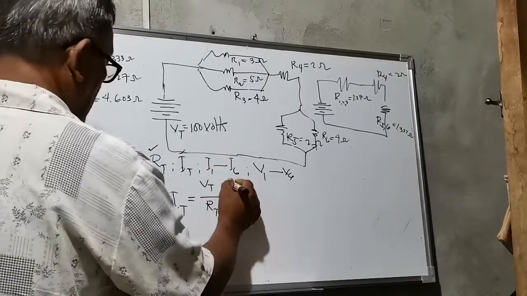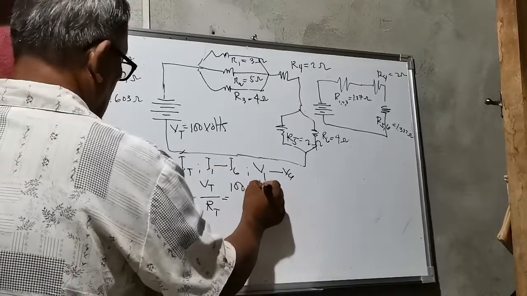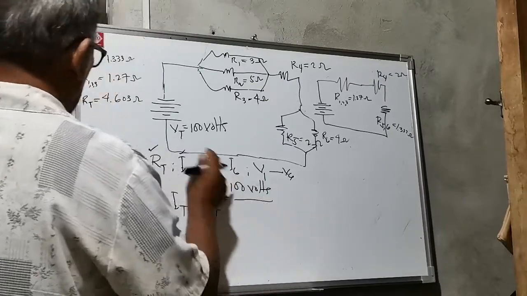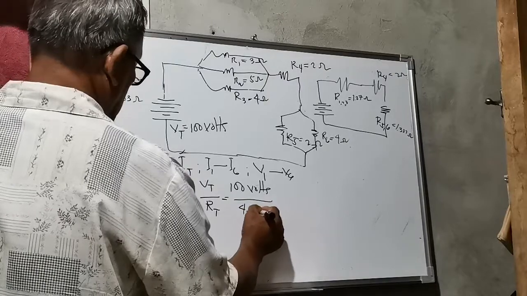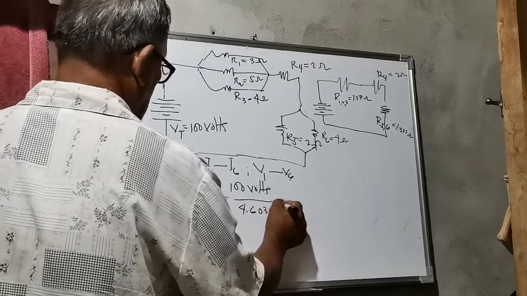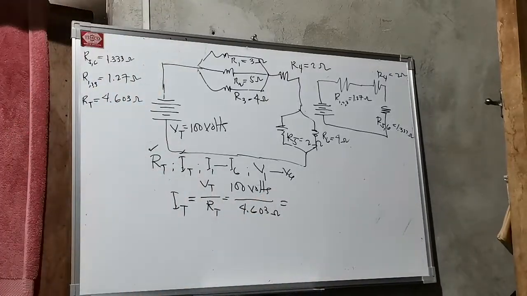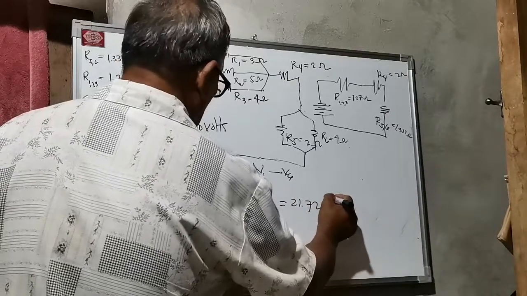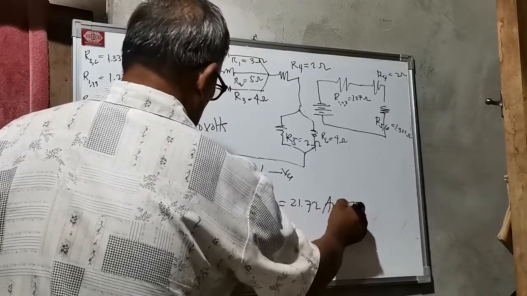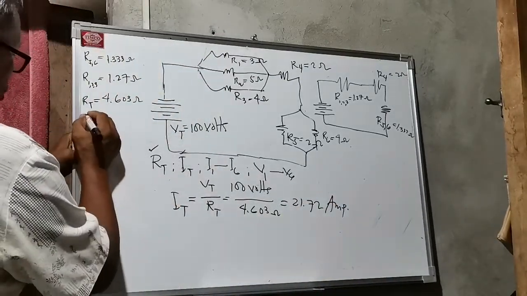Voltage total is 100 volts over the total resistance, which is 4.603 ohms, will give us 100 divided by 4.603, which is 21.72 amperes. That is the total current. I'm now going to record this also.